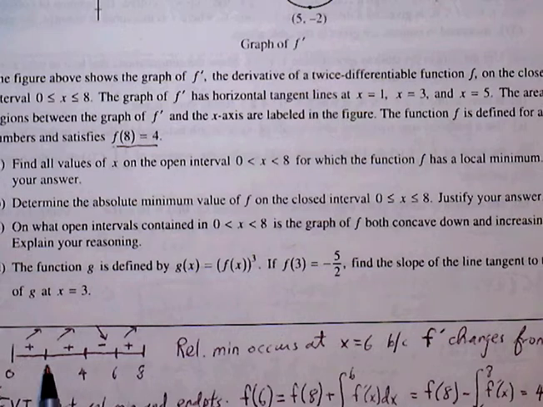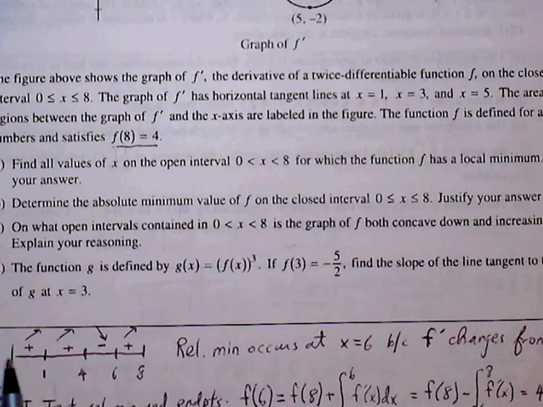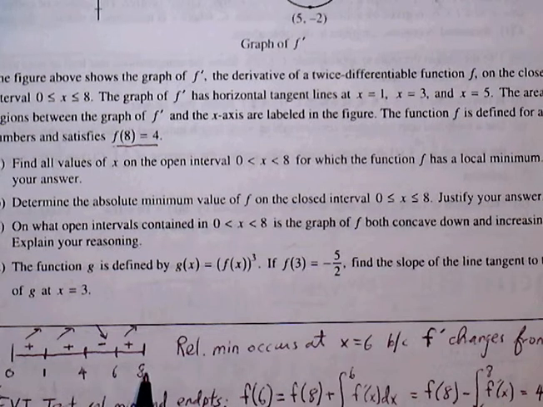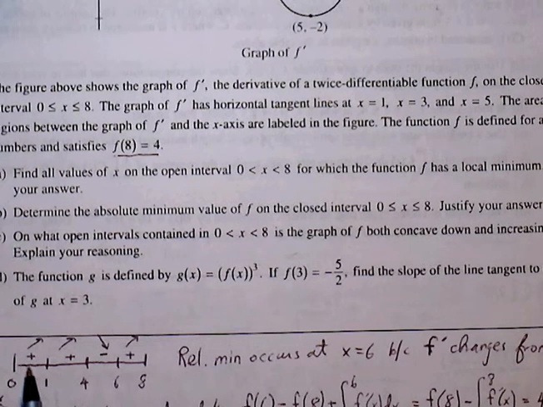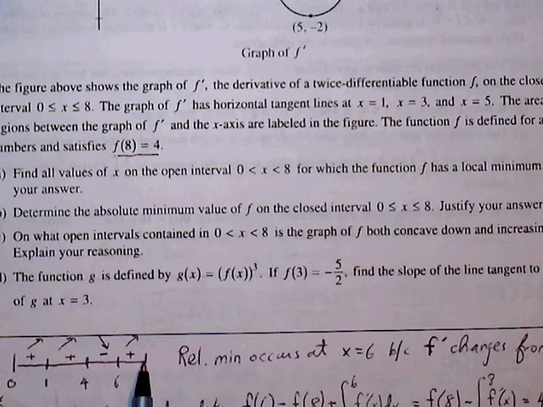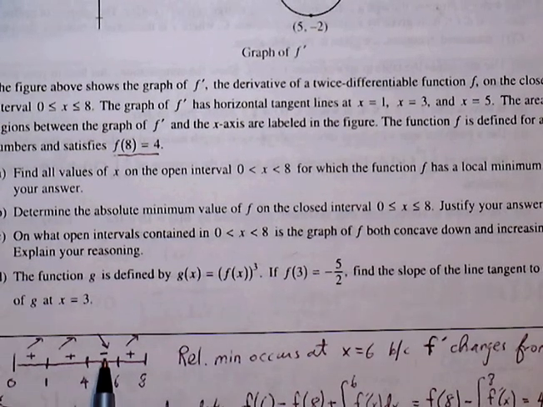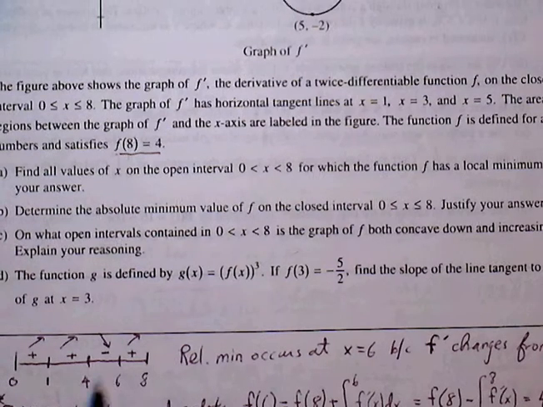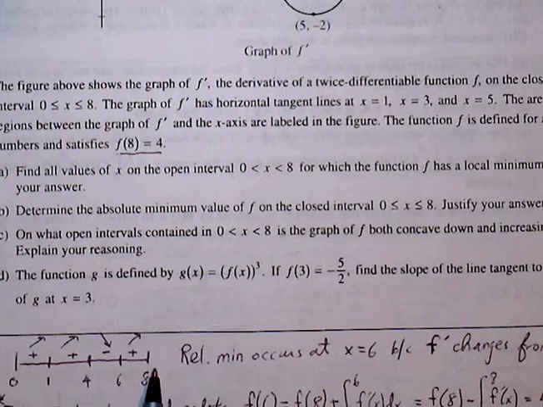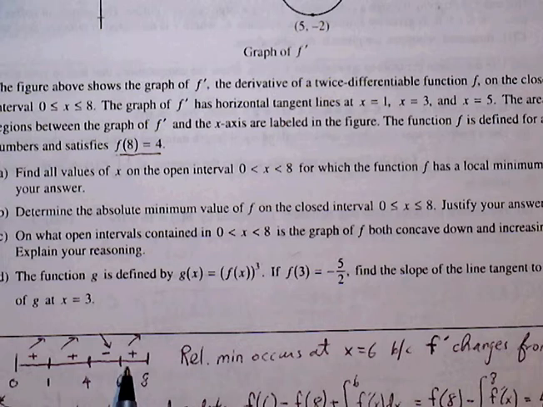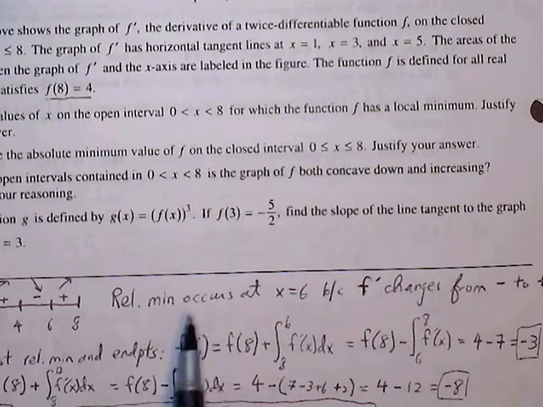So 1, 4, and 6 are the critical points where slope is 0. 0 and 8 are the endpoints. And then the only time where the graph dips below the x-axis is between 4 and 6, so that's the only part where the original graph will be decreasing. And then we see a relative minimum must be where the slope changes from negative to positive. So therefore, relative minimum is at x equals 6 because f prime changes from negative to positive.